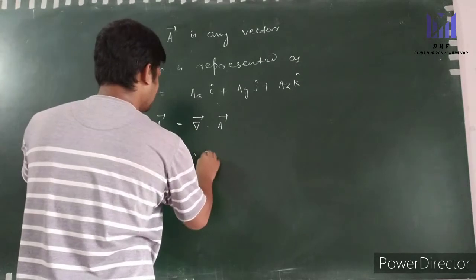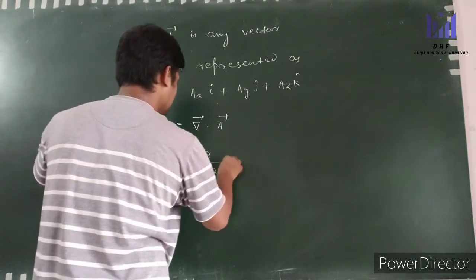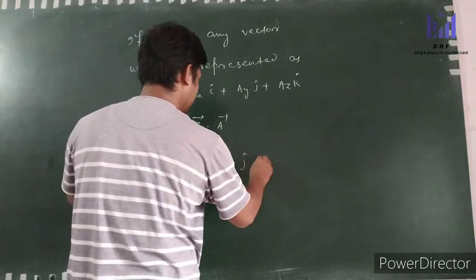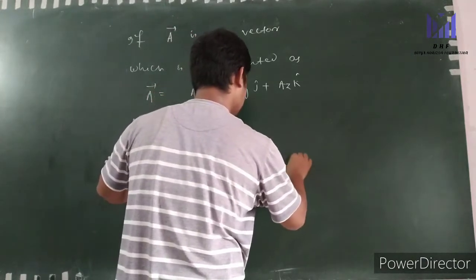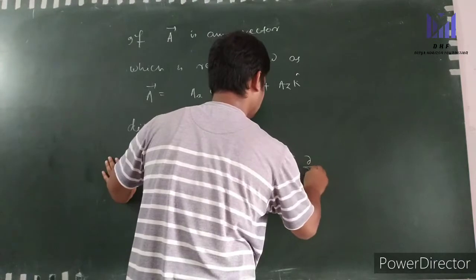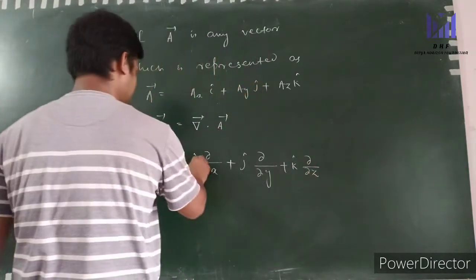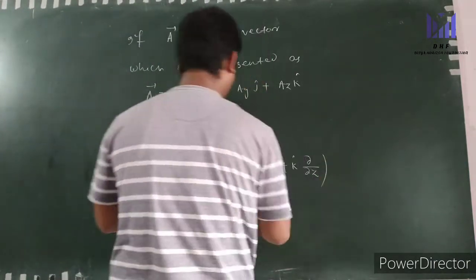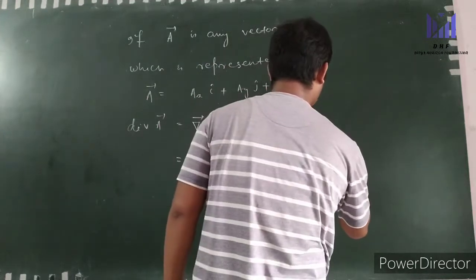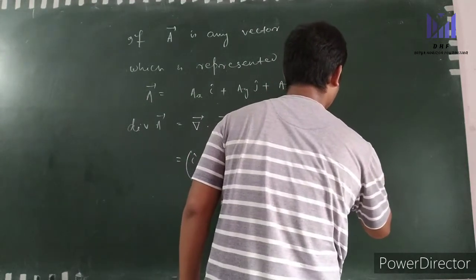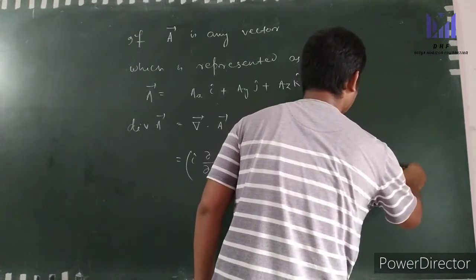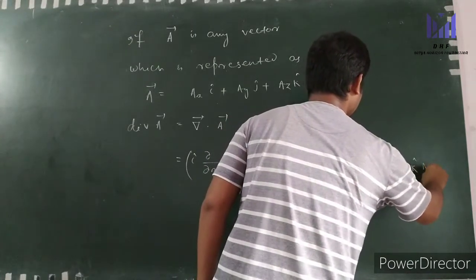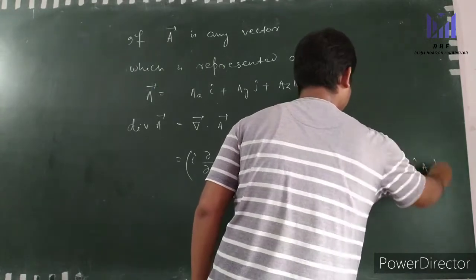It is i cap del by del x plus j cap del by del y plus k cap del by del z, and we dot this with the vector, that is i cap ax plus j cap ay plus k cap az.